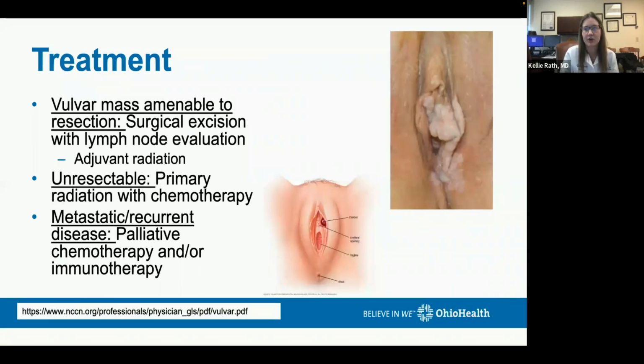Treatment, the majority of these patients are able to be treated with surgical excision if it's local disease. Patients with lymph node disease or unresectable disease may be treated with primary chemo and radiation. And again, patients with metastatic or distant disease can be treated with chemotherapy and or immunotherapy.